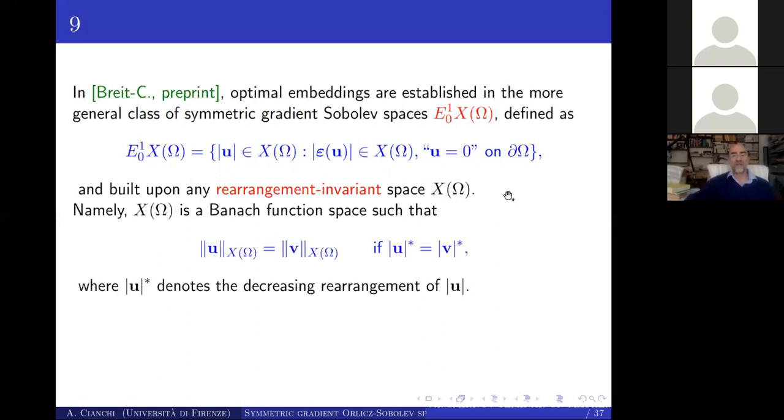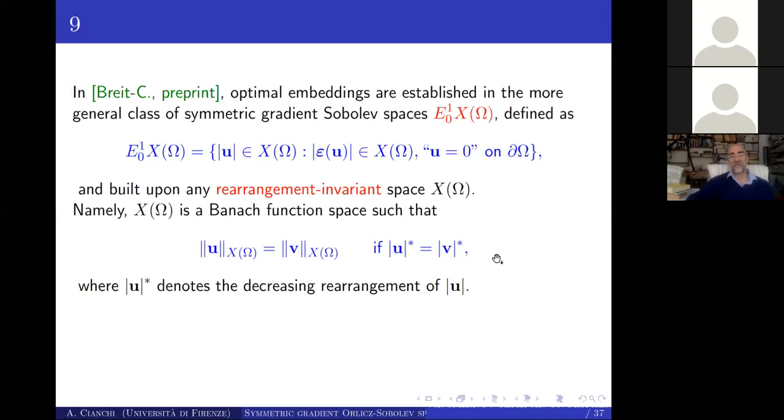So what is a rearrangement invariant space? I think that in Russian literature, they are also called symmetric spaces, as far as I remember. I'm not going to give a full definition again, but the main feature is that the norm of two functions in this kind of spaces is the same if their decreasing rearrangements agree, or equivalently, if they have the same distribution function, so the same measure of level sets.